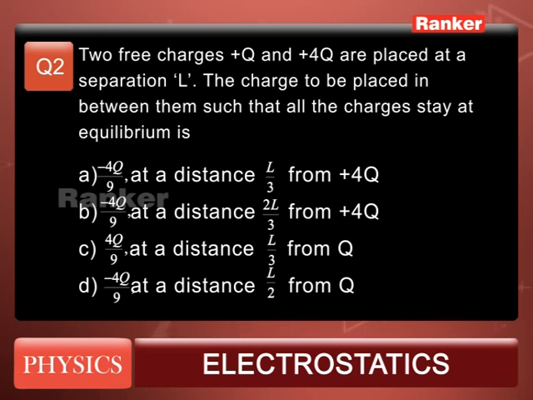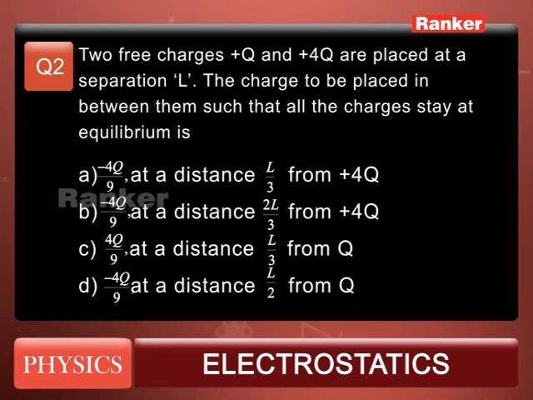Not alone is that the case, at what distance that charge is to be placed, that also we have to calculate. So two things he is asking you. What is the magnitude of charge that is to be placed? That's one area. And second point is, at what distance that third charge is to be placed for the entire system of all the three charges to stay in equilibrium.